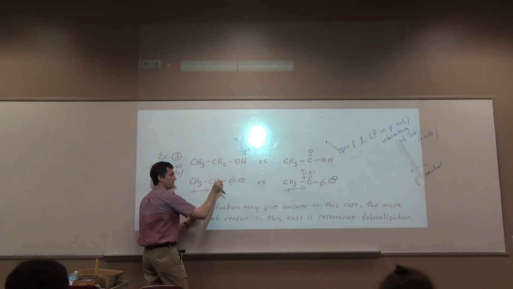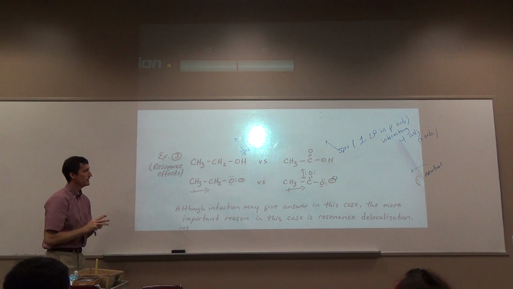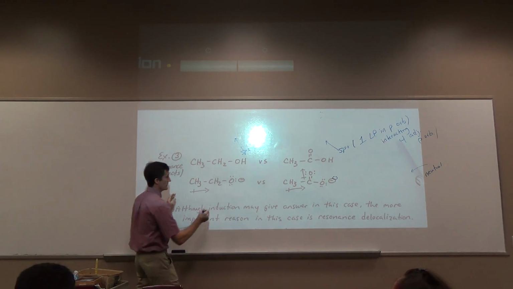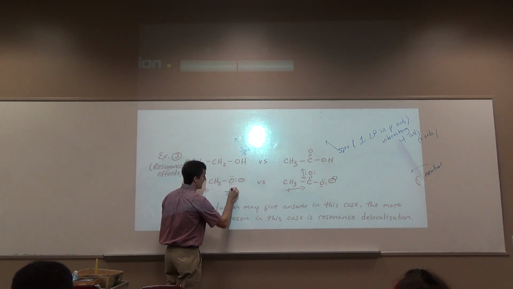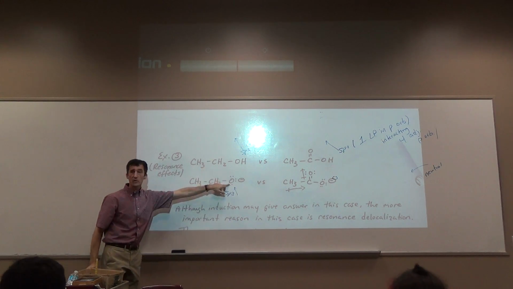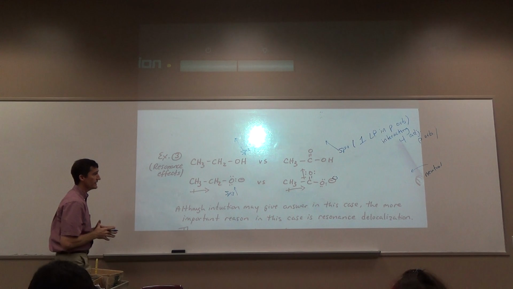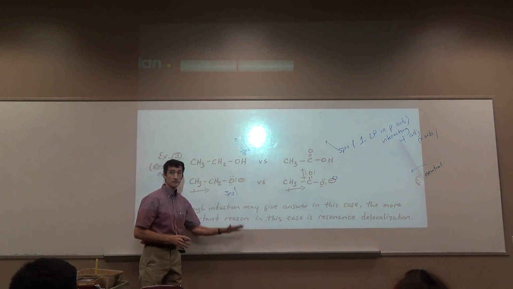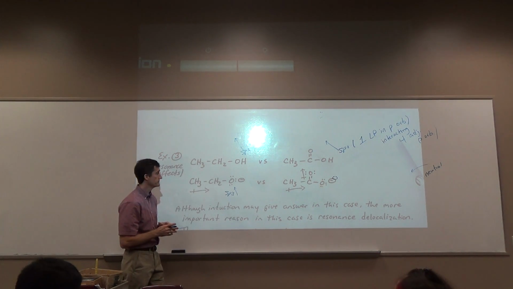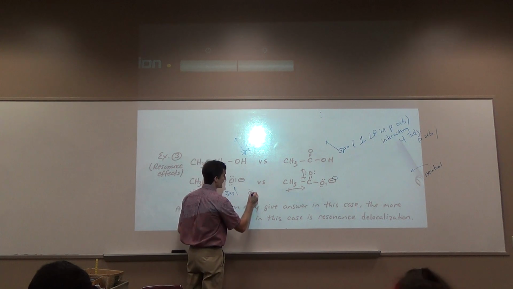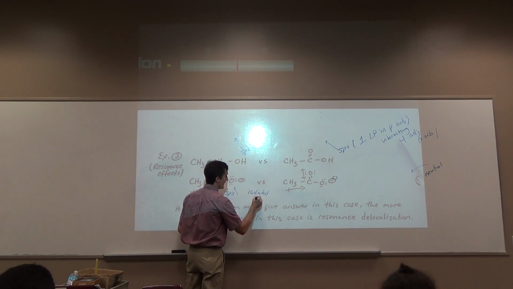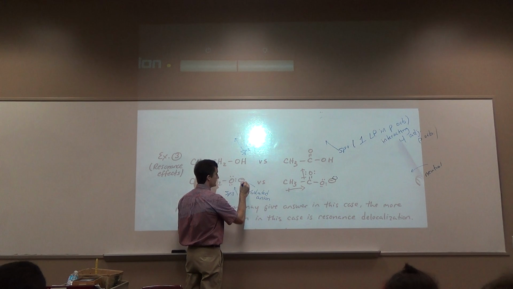On the other hand, this oxygen is sp3. Okay? One of these lone pairs is not in a p orbital. Since it's not in a p orbital, none of this discussion applies to this. And thus, this is an isolated anion.